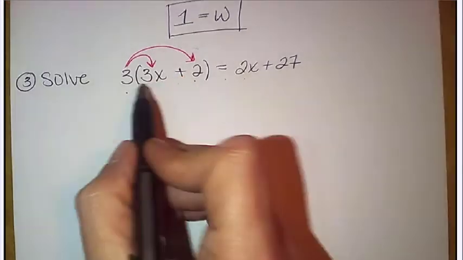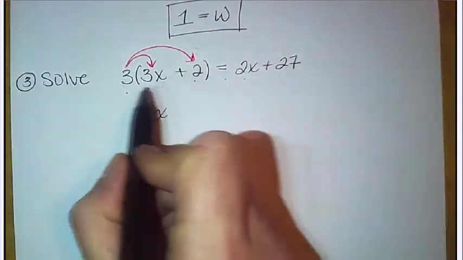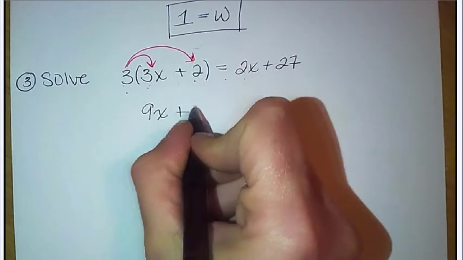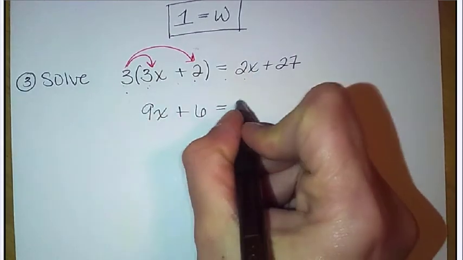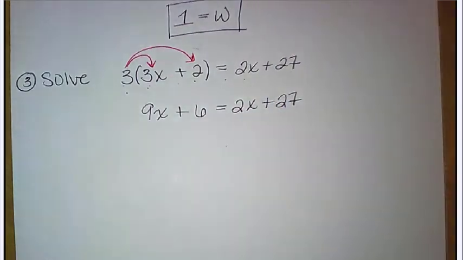So here when we do our 3 times our 3x, that's going to give us 9x. And 3 times 2 is going to give us 6 equals 2x plus 27. Notice I didn't do anything to the right-hand side of my equation because there's nothing to do there yet. Okay, so the next thing I want to look at, since I have no fractions, is like terms.